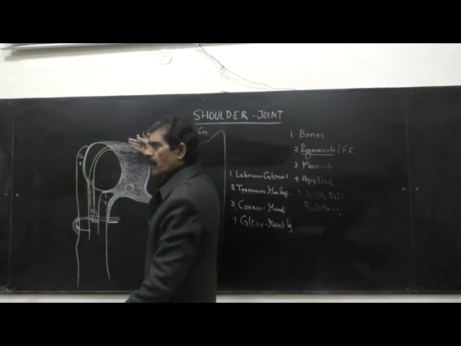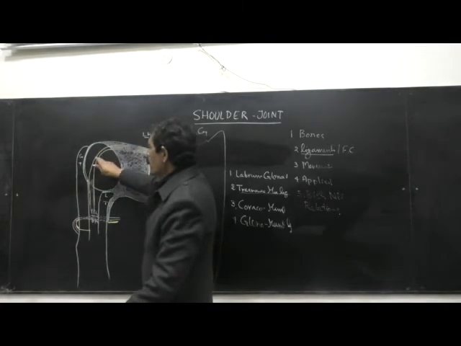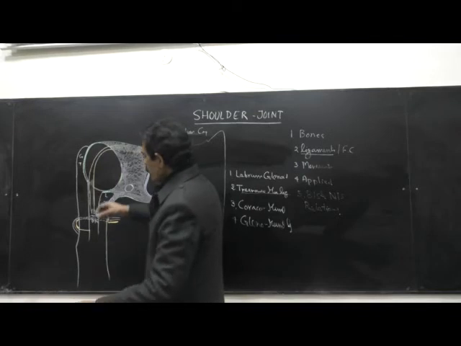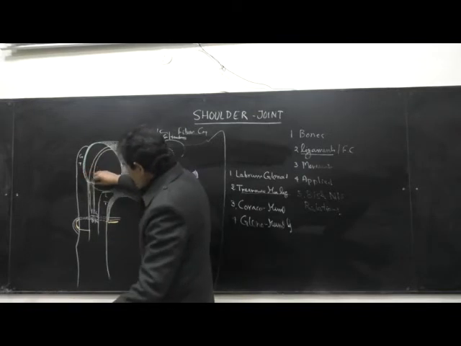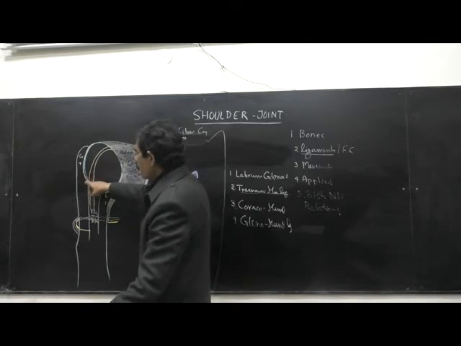Fibrous capsule is outside and synovial membrane is inside. So in between these two layers runs the long head of the bicep, and then it comes out of the aperture. A hole is present in the fibrous capsule. As we have said, the fibrous capsule on the anatomical neck is interrupted here.